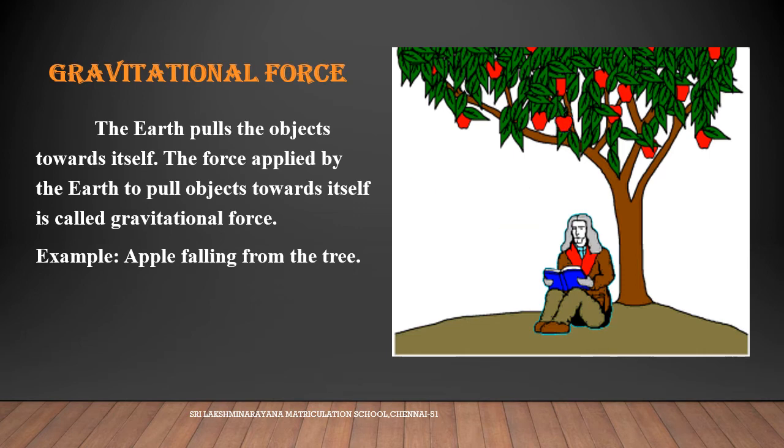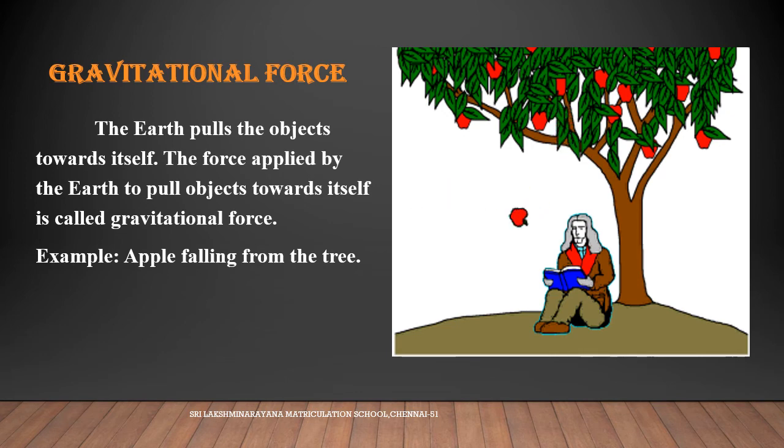Yes, it is because of the gravitational force that is present inside the earth. The earth pulls the objects towards itself. The force applied by the earth to pull objects towards itself is called gravitational force.